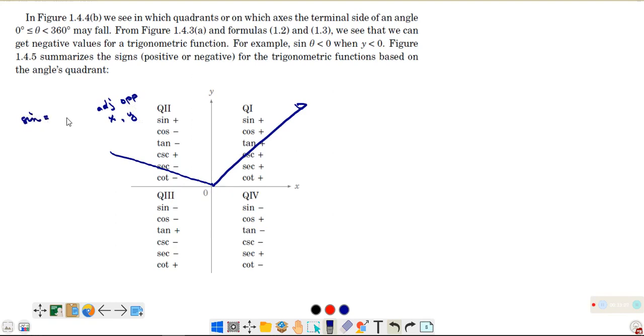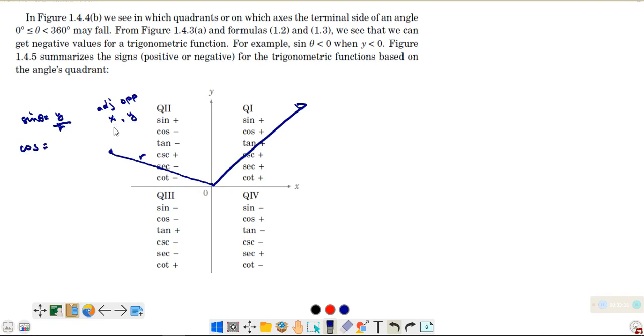Kung meron kang sine, this is your r. The distance is always positive. Hindi po tayo nagkakaroon ng distance na negative. So, r is always positive. Your sine will be y over r. And since your y is positive, you can expect your trigonometric function value sine positive.